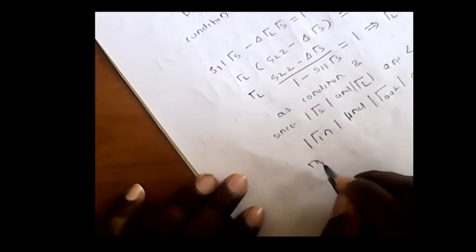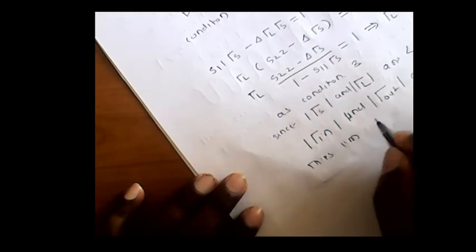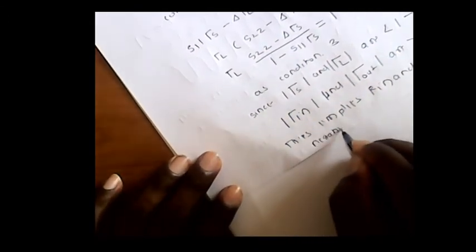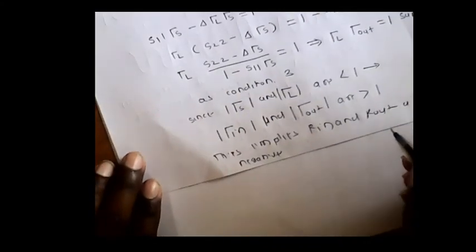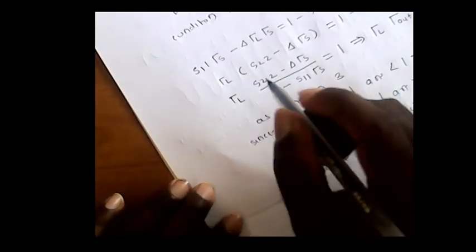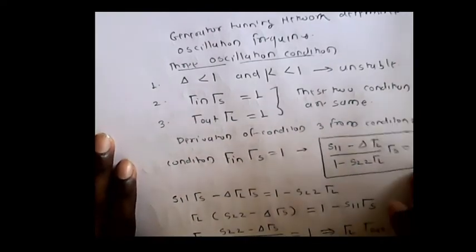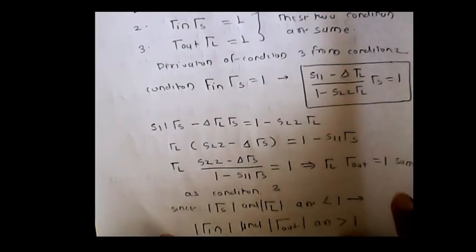This implies that R in and R out are negative. So these are the conditions for the oscillations, which are to be remembered, and one of the conditions has been proved here. So this is about the oscillation condition for the two-port network.